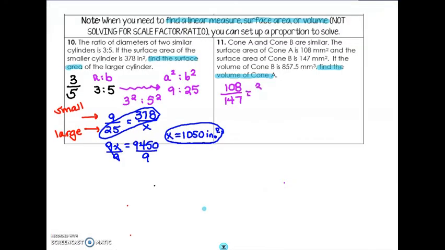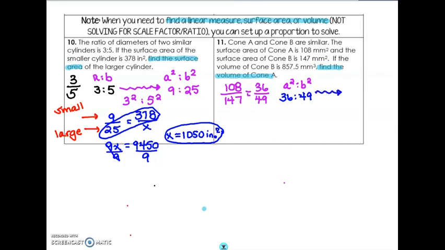So that is the simplified version of this surface area ratio. So again, that's going to be my surface area ratio. That's talking about A squared to B squared, 36 to 49.